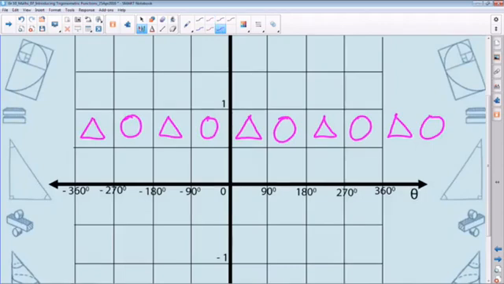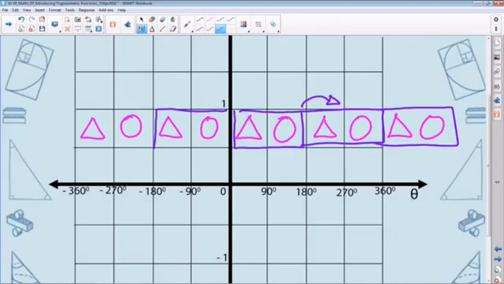But if I wanted to reduce it, I would say that it is a triangle and circle that's been repeated how many times? There's another repeat, and here's another repeat, and here's a repeat over here, and another one over there. Now each one of those is a cycle, one cycle.